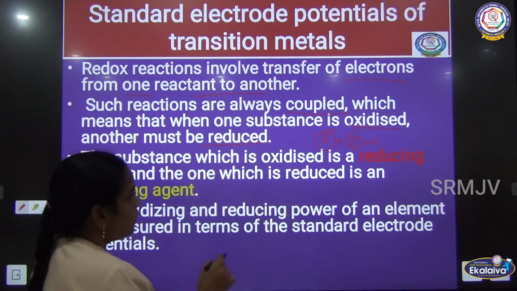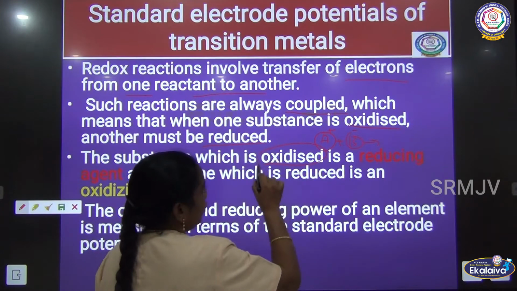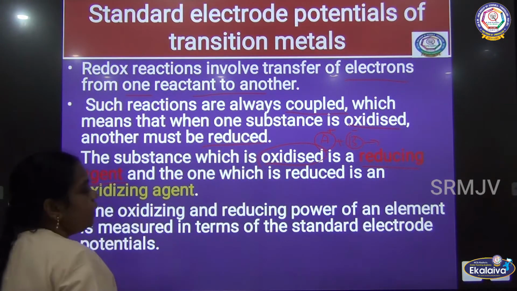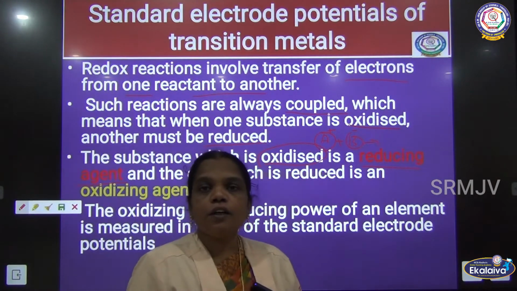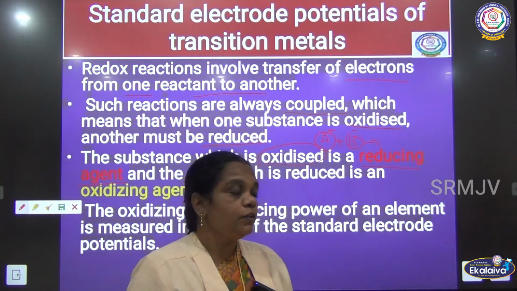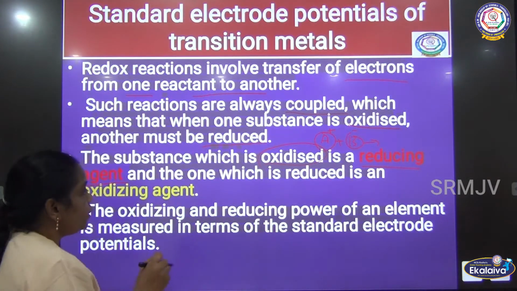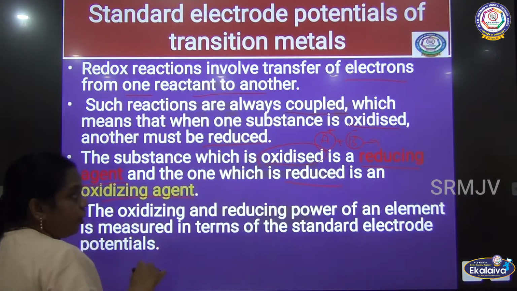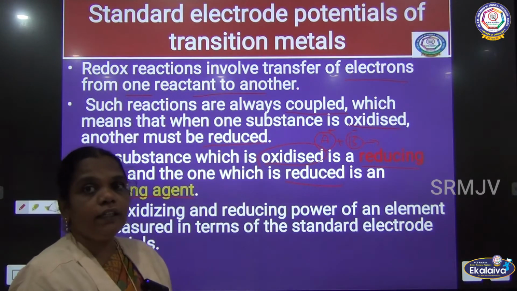The substance which is oxidized acts as a powerful reducing agent, and the element which is reduced acts as an oxidizing agent.